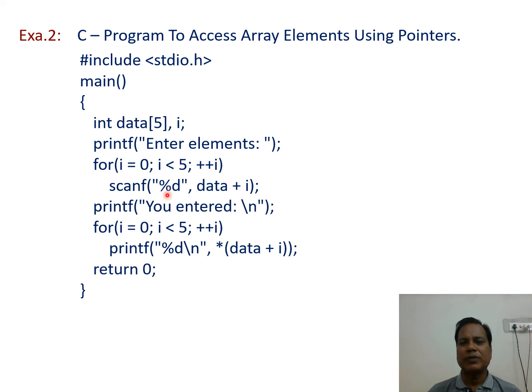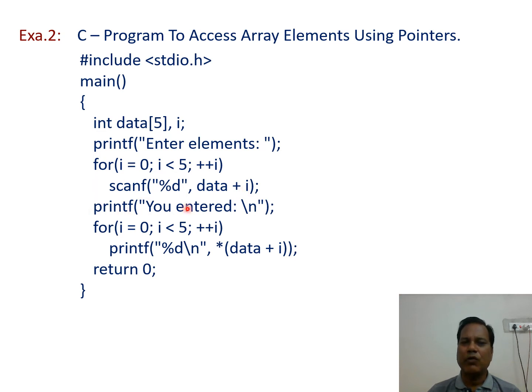Using this, 5 integer data are taken in and stored in different memory locations pointed by data plus I. So data plus I, when the value of I equals 0, is the first memory location where the element of the array is stored. Then it is incremented by 2 as integer data are stored using 2 memory locations. So data are stored in different memory locations.